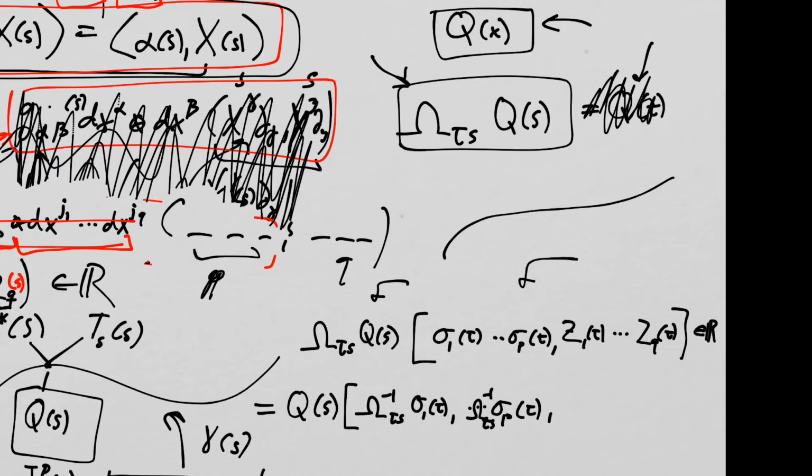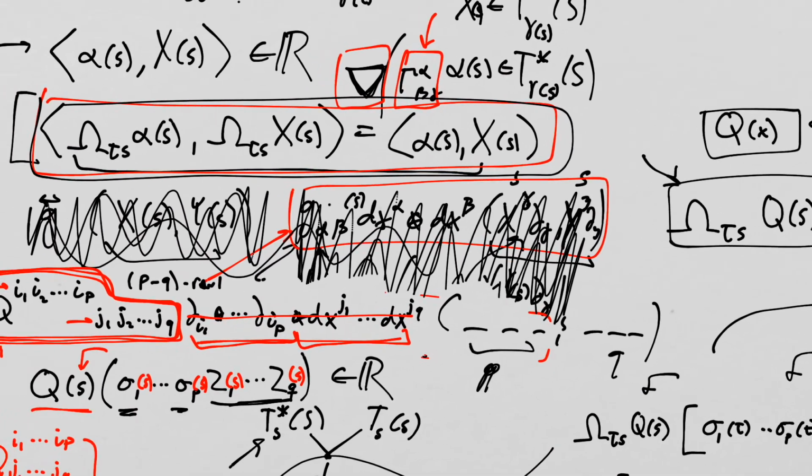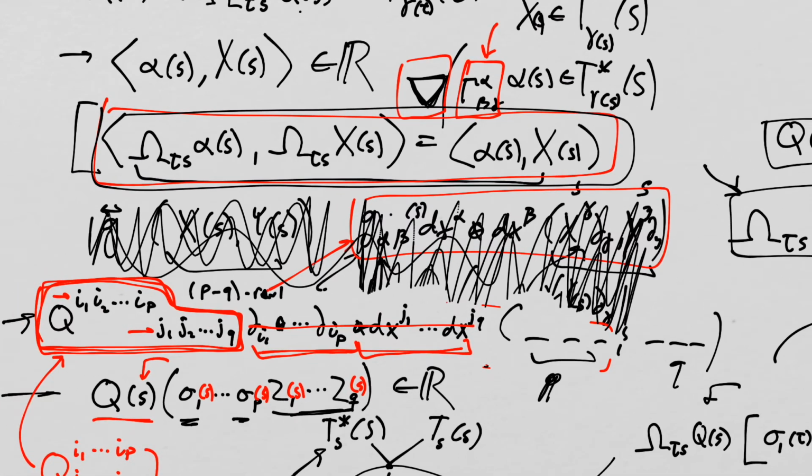So TS, and then inverse TS Z1 at T, dot dot dot, TS ZQ at T. Right? This relationship has to hold. And that's very, very similar to this relationship here.